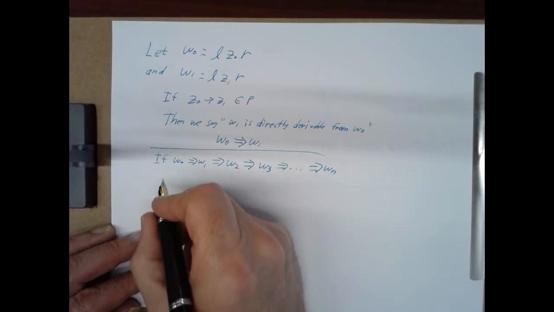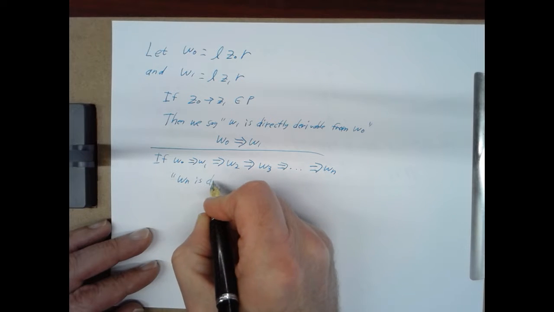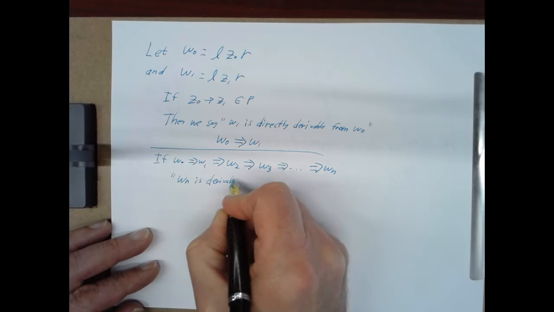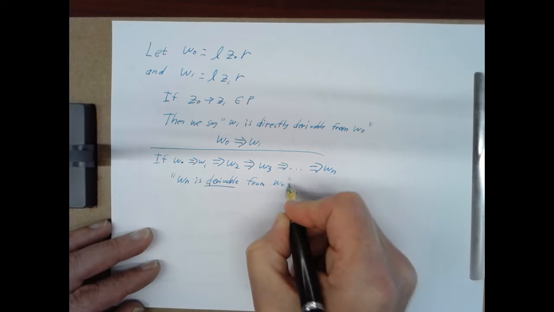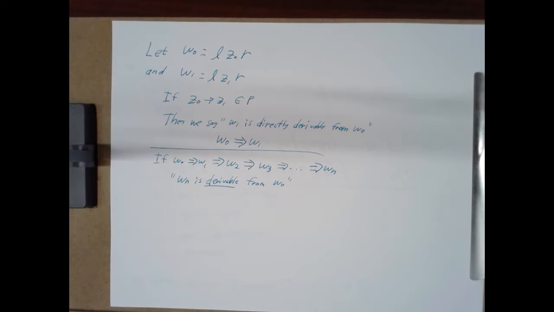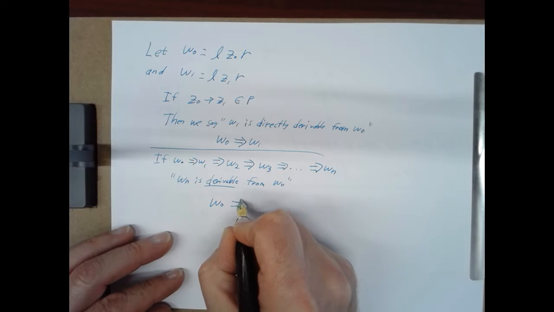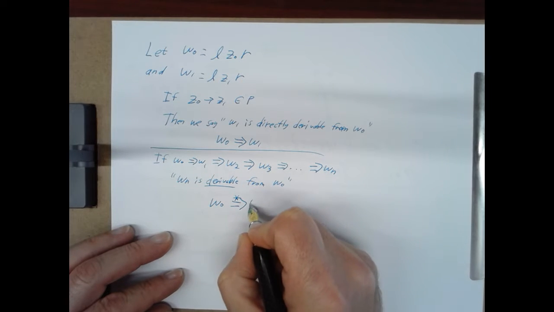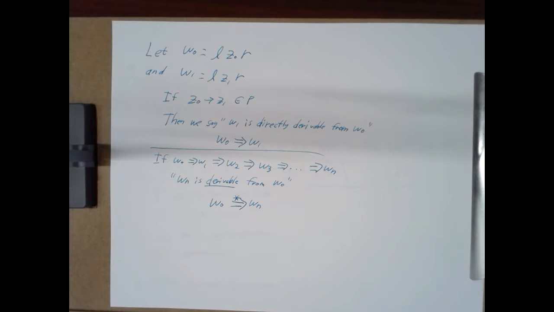So in this case, we say Wn is derivable from W0, but not directly derivable if we have to use more than one production rule. But it is derivable, and we can write this as W0 gives us Wn, but we put a little star on top of the arrow. That means derivable, but not necessarily directly derivable.